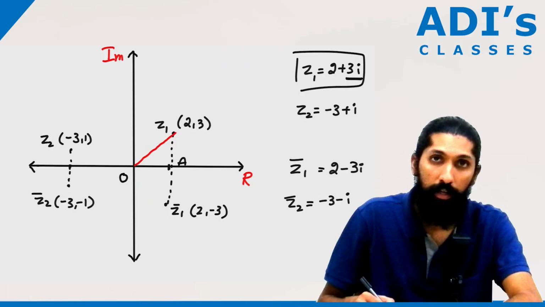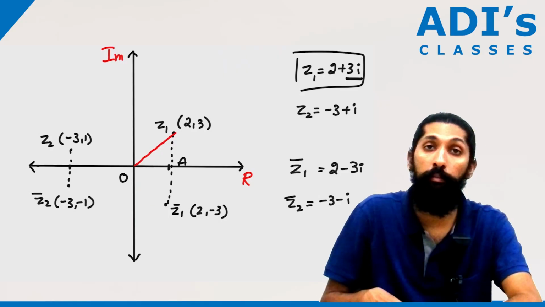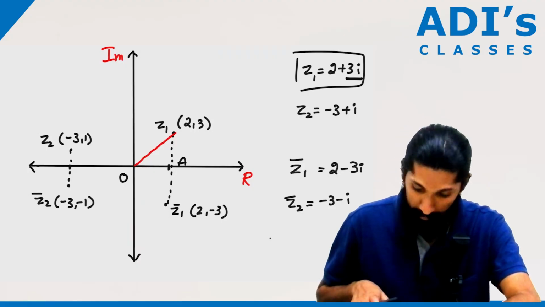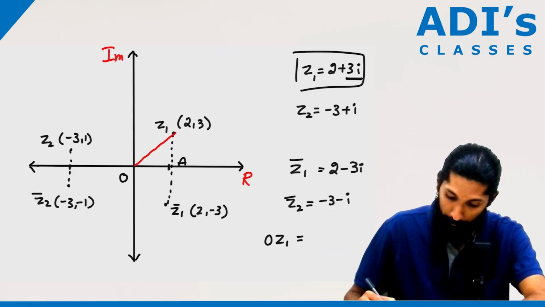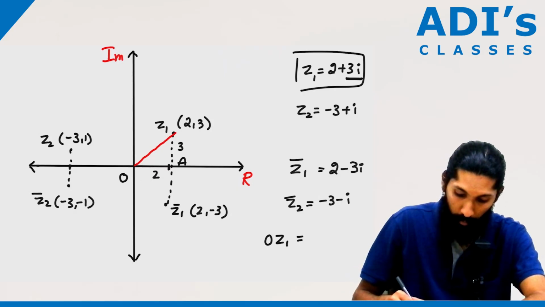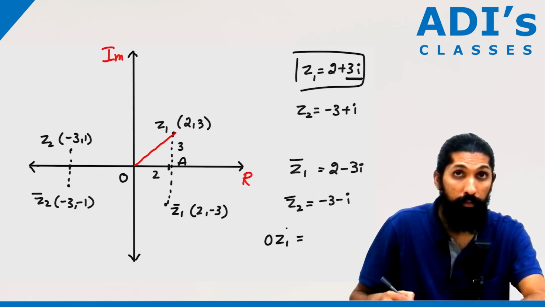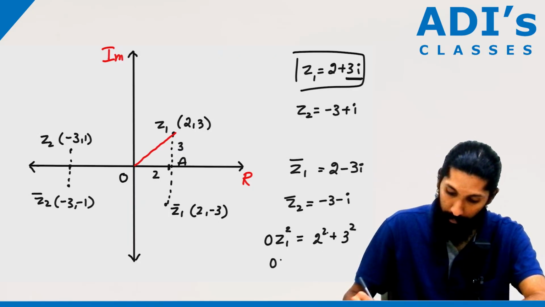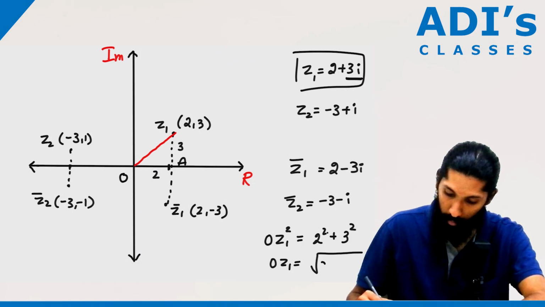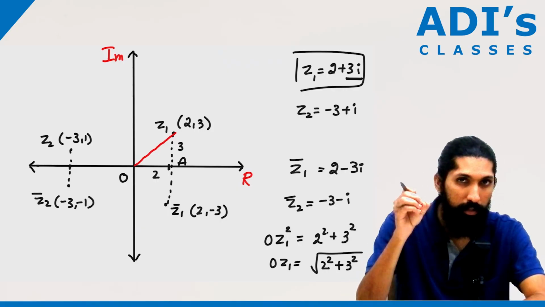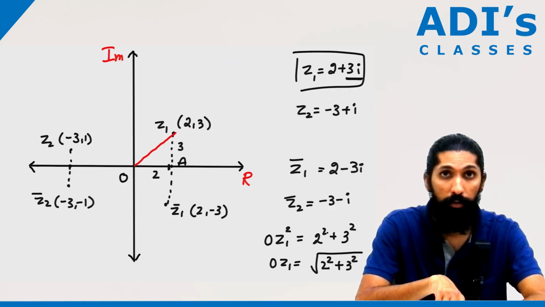We can calculate it. Last year, remember you had done the distance formula? Same thing you apply. OA is 2 and AZ1 is 3. So OZ1 square is equal to 2 square plus 3 square, or OZ1 is nothing but root of 2 square plus 3 square. Don't you think this is modulus, root of a square plus b square?